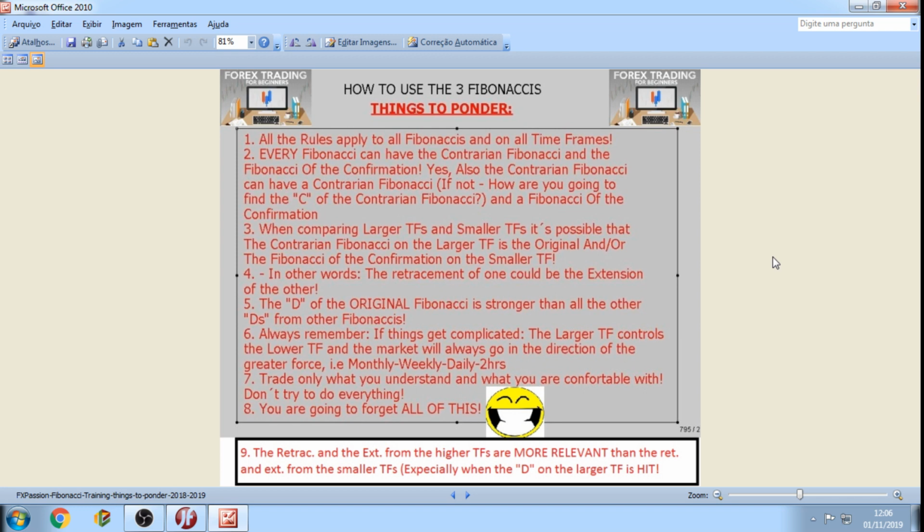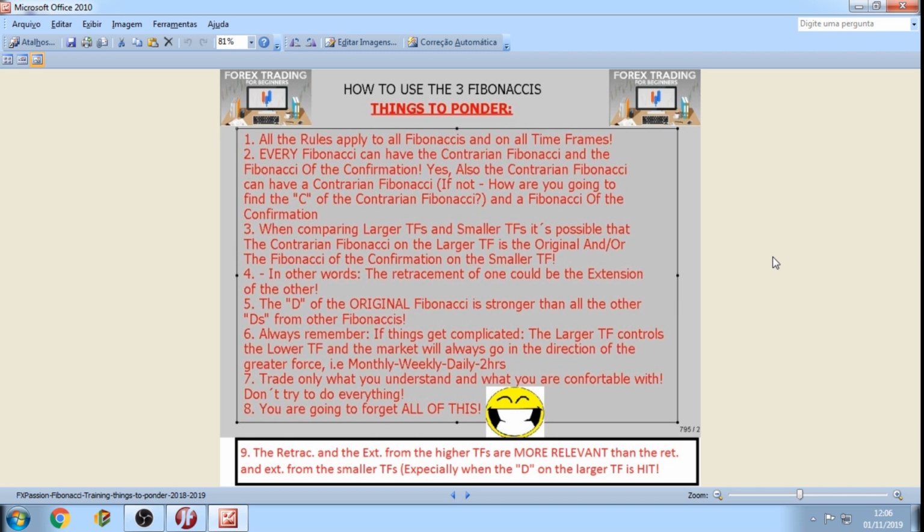Number 7, trade only what you understand and what you are comfortable with. Okay, if you don't understand the contrarian, if you don't understand the Fibonacci of the confirmation, just go with the original one. Don't try to do everything. And number 8, Friday, you are going to forget all of this, everybody. Right? You are going to forget all of this information, the rules, the original Fibonacci, the contrarian, the Fibonacci of the confirmation.